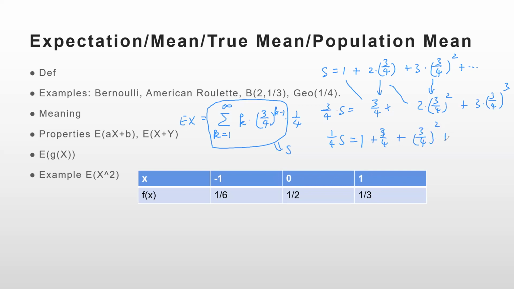3/4 squared, and you'll see this is actually a geometric series. It's infinite, and it's pretty easy to calculate: 1 over 1 minus r. So you get 1 over 1 minus 3/4, which is 1/4.